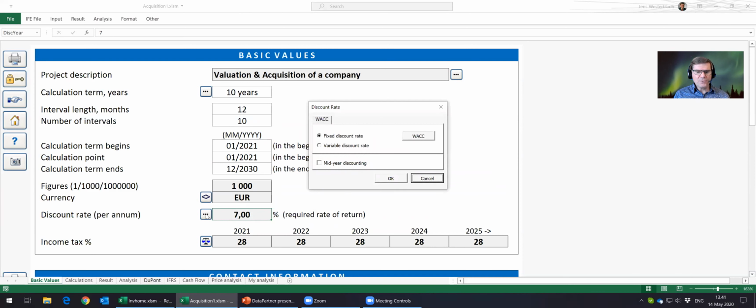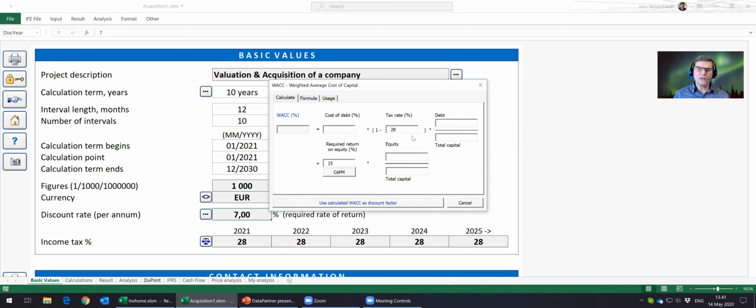I could actually push the button and go into the WACC button, and okay, it's not filled. Let's put something. Let's say we can now consider the cost of capital of the buying part.